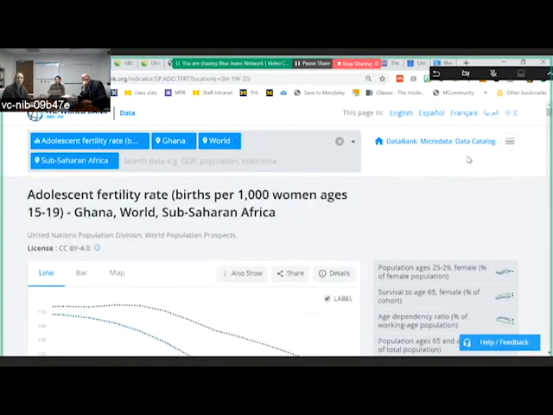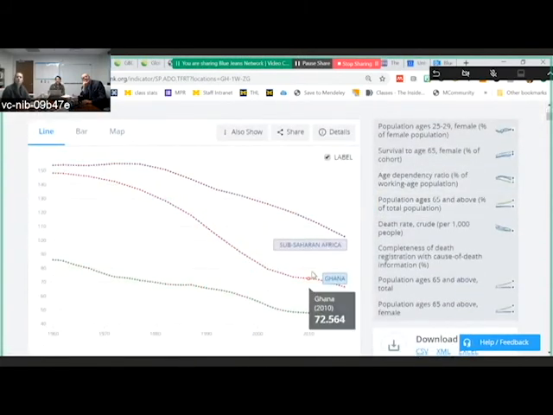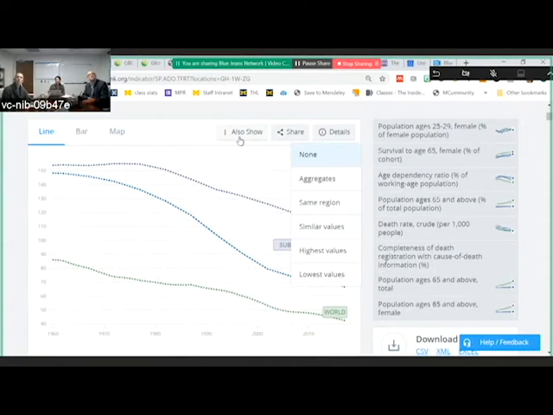And I'm just including all sub-Saharan countries. So here we have Ghana falling somewhere in the middle between the world, but I can also take a look at other countries. What does this also show me? Also show allows me to look at aggregates, information from the same region, similar values.